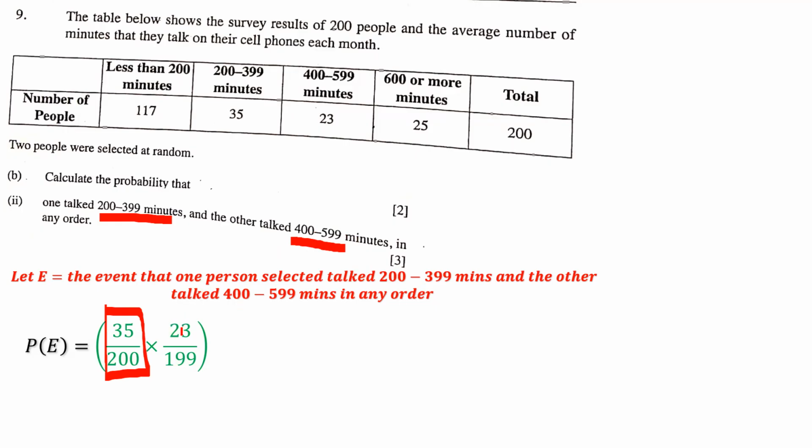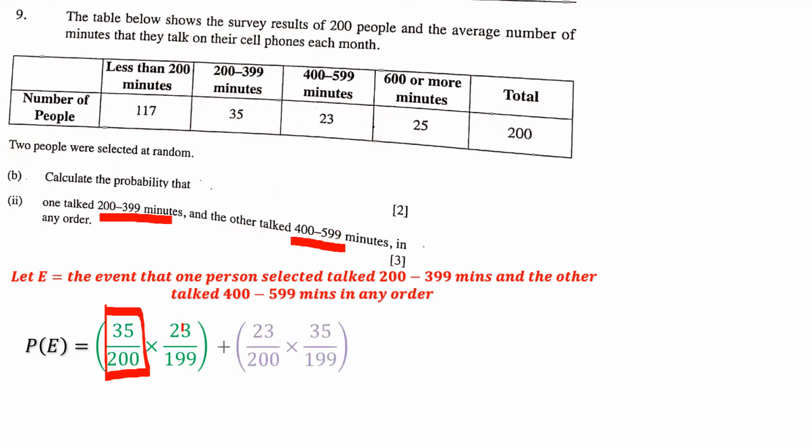It's 23 here, but it's not going to be 200 people in all because we already selected one. So it's only going to be 199 people that we could select from. So that's why it's 23 over 199. So this way is if we selected the person who talked 200 to 399 minutes first, and then the other person who talked 400 to 599 minutes second.